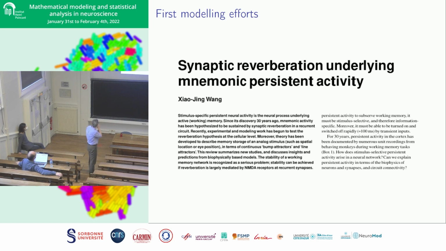And so you have an early review from 2001 by Xiao-Jing Wang on the subject using networks of linearized integrate-and-fire neurons. And he accounts for this persistent activity as a fixed point in a system of ordinary differential equations. So to make clear that we are not the first, far from that, to try to build models for this kind of question.